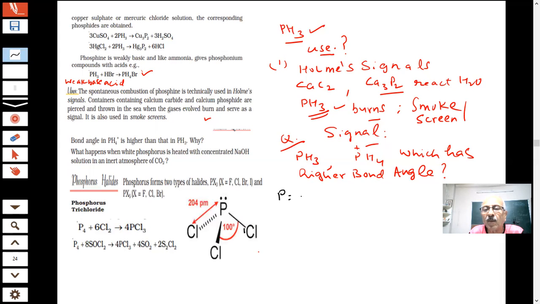What is P? Phosphorus, the outermost shell is 3s2, 3p3. This is phosphorus.